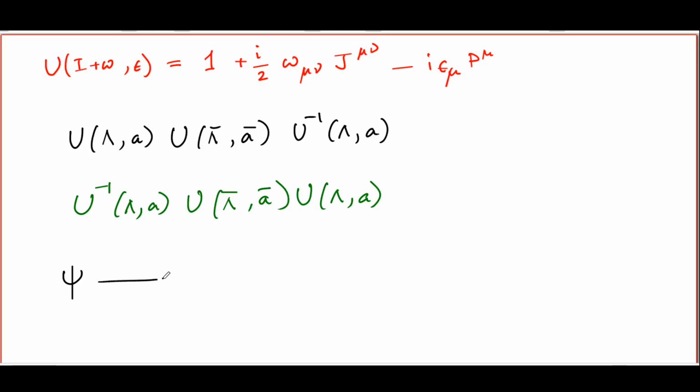And then, if you go over to a different inertial observer, so you go from O to O prime, that new inertial observer will describe the same physical state of the system by a different ray, and so by a different set of vectors. And what U lambda A actually does is that it acts on psi to produce a vector in this new ray. So when we want to describe the system according to O, we use psi. When we want to describe the system according to O prime, we use a state U lambda comma A psi.